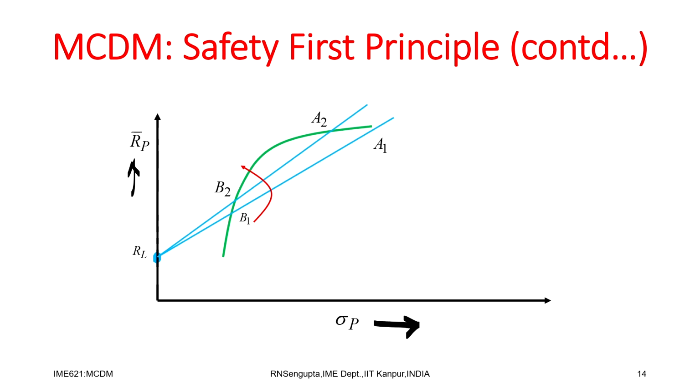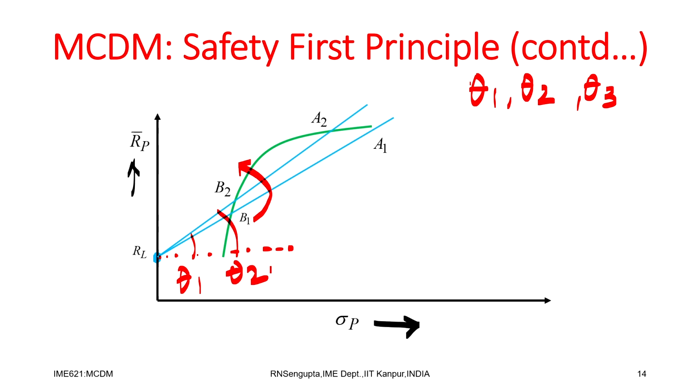So, I turn the graph counterclockwise, which is shown by the red line. And this value of theta increases. I will use theta 1, then it increases to theta 2, and then theta 3. So, these are the angles which I have considered. This is theta 1, this portion is theta 2, and so on.